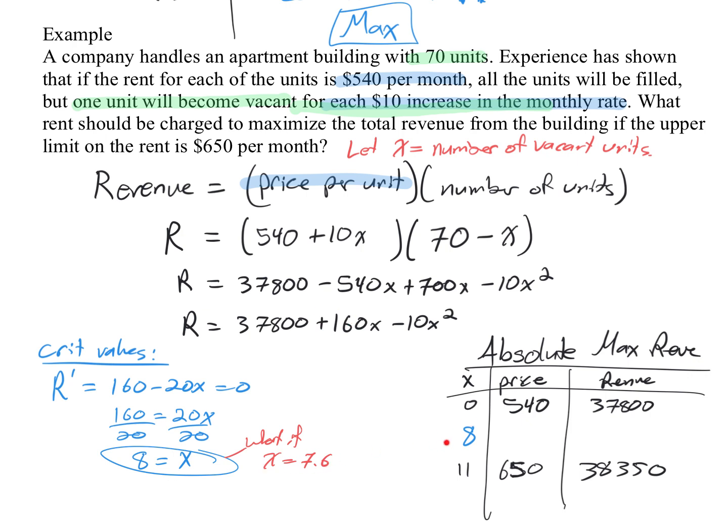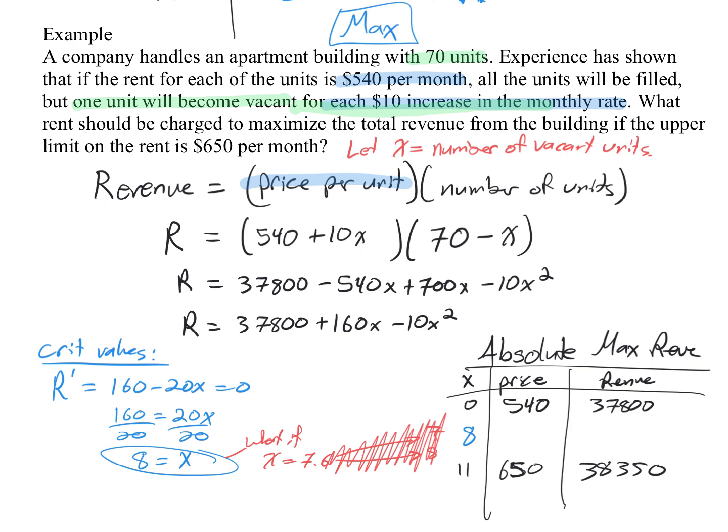Well, you can't have 7.6 vacant units, so if you end up with a decimal in a problem like this, you basically have to consider both sides of it. Well, what would happen if we chose 7 and what would happen if we chose 8? You don't necessarily know that rounding this like you would normally round will in fact achieve a maximum when you're considering the function. Okay, but this writing in red was just a what if. We're not actually considering that.